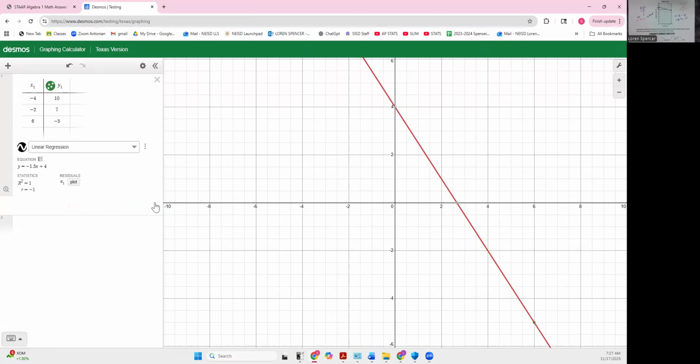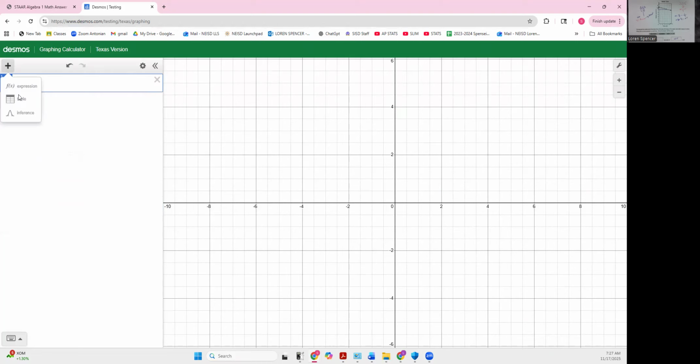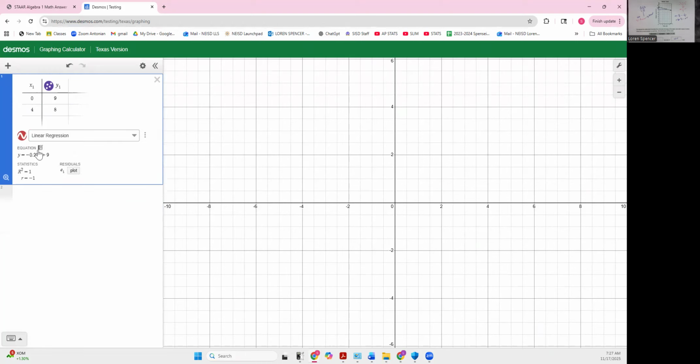Okay, I'm going to go ahead and delete this, delete that, hit the plus button, table, and we have 0, 9, and 4, 8. I hit the domino button, and there's my equation.